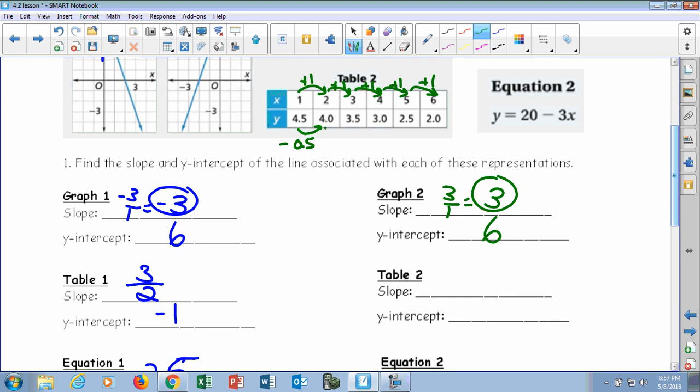And then this guy from 4.0 to 3.5 is down -0.5. So they're all -0.5. So if I have -0.5 over 1, isn't that just -0.5? It is. Okay. Your y values are going down as your x values are going up.